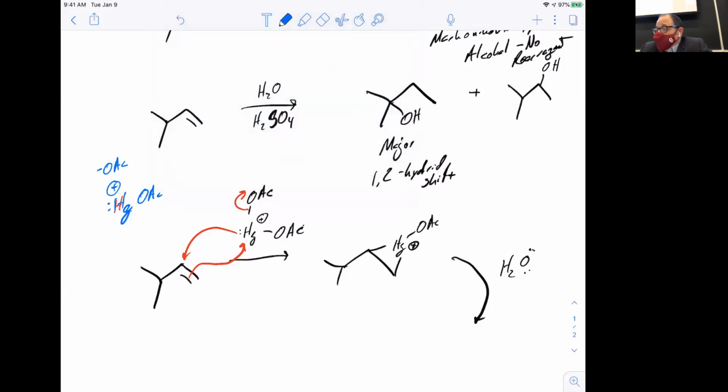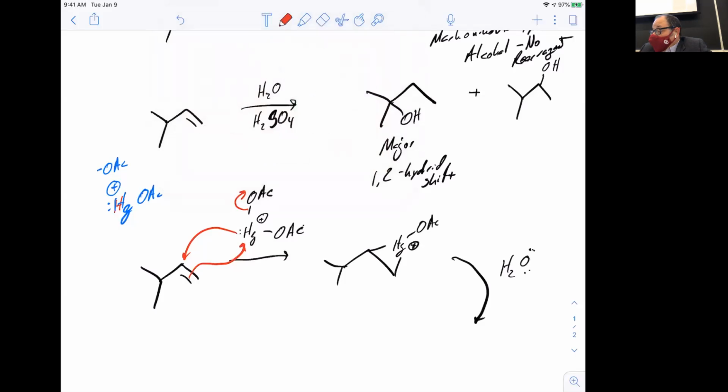Now it's got two places to potentially react. It's got the primary position and the secondary position. If we're thinking about those two positions, which position is going to have more partial positive character? Well, the position that could withstand more partial positive character. So if we're thinking about a primary versus secondary, which one of those two is going to be partially positive? The secondary.